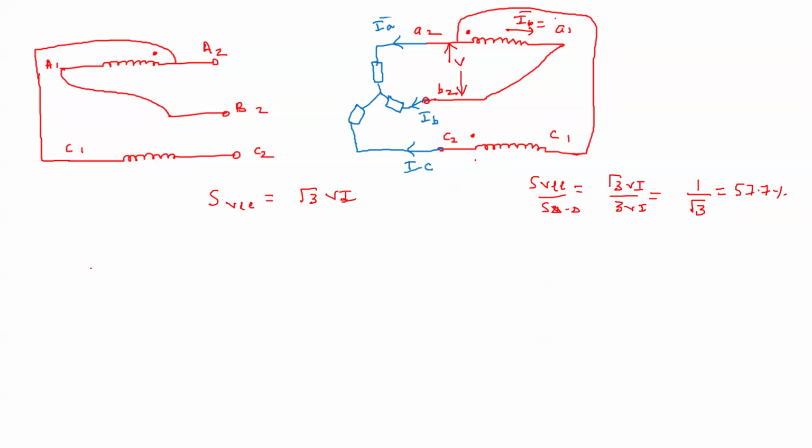Now let us see how to draw the phasor diagram. Here we have VAN, we have VBN, and then we have VCN. Now you see the power.